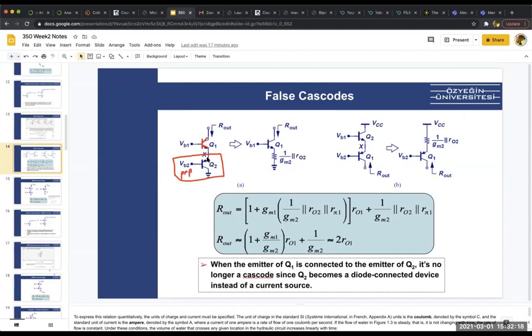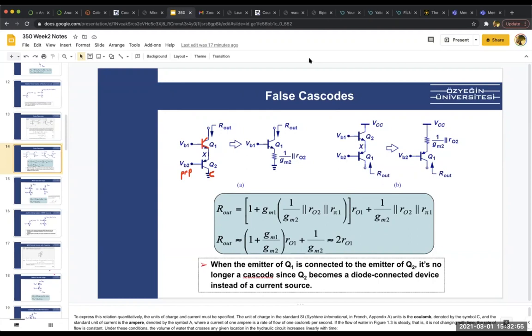How do I know it's a PNP? The current is going this way. So this is actually the emitter here, and this is the collector. And what we want to see at this node, as I mentioned, is a high impedance. If I connect it this way, the impedance I see is not really high because, as you can see, this is a PNP, and the impedance I see will be here.